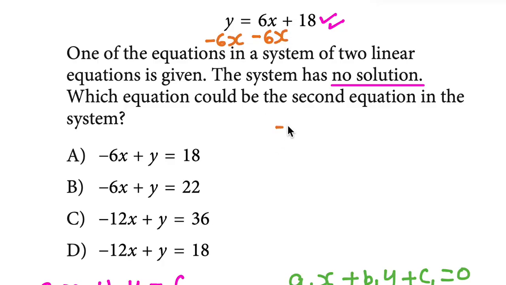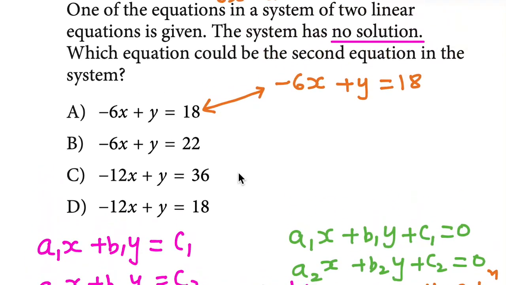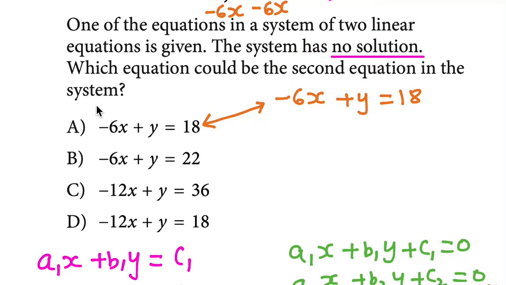Then this equation will be negative 6x plus y is equal to 18. Now all the equations are in the standard form. If I see this and this equation, both equations are the same. So definitely all the three ratios are going to be the same. So this first option is giving us infinitely many solutions, right?